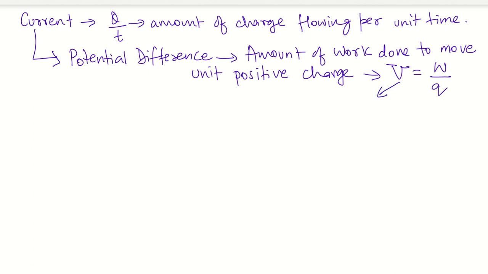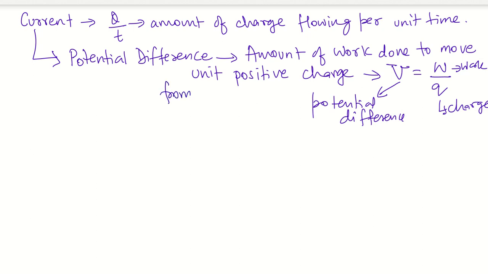So V is nothing but the potential difference, W is the work you are doing, and this is the charge. Now the question is, when you move the unit positive charge from one point to another, this is very important for us, because it speaks about difference.